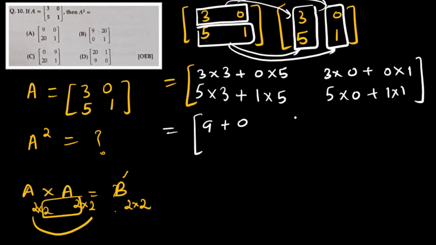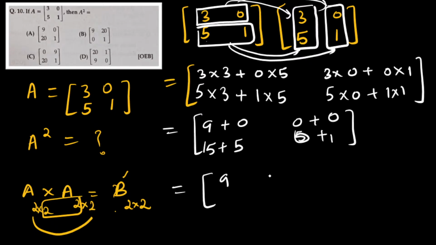9 plus 0, 0 plus 0, 15 plus 5, 0 plus 1. So what we'll get? 9, 0, 20, 1. Yes.